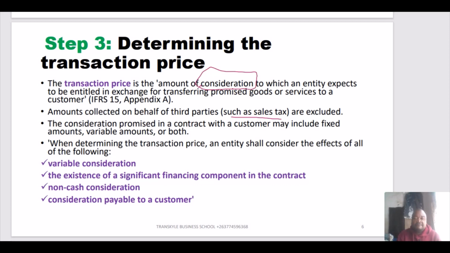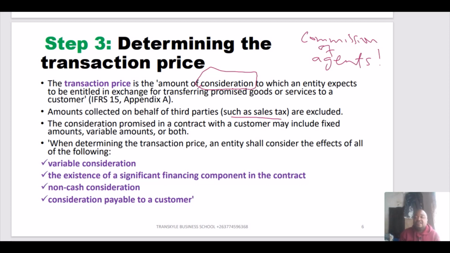Also, you will discover as we proceed that even in instances where we have issues to do with commission of agents, we'll talk about this. Only the commission part is the revenue.